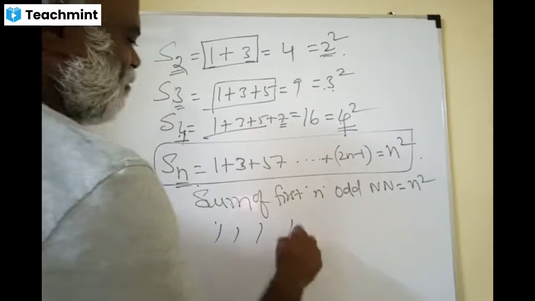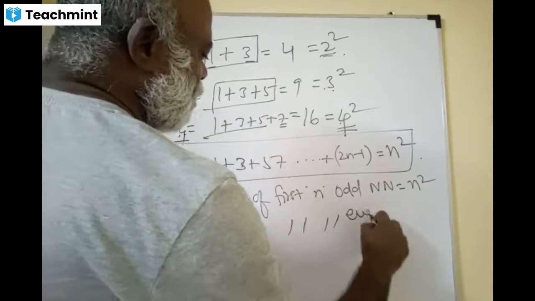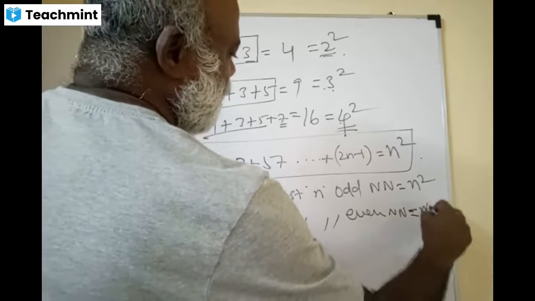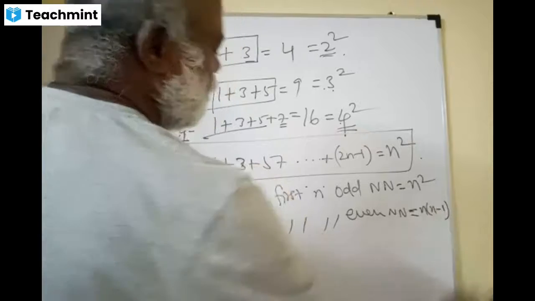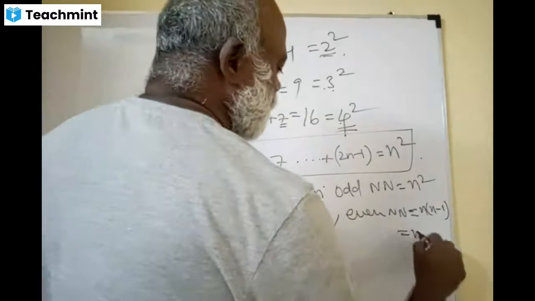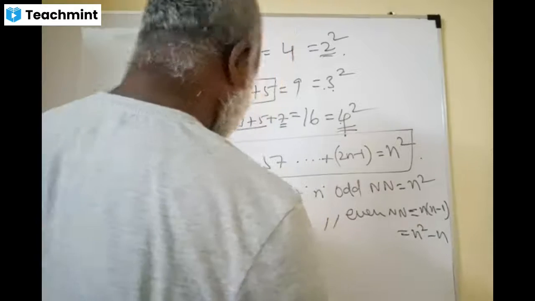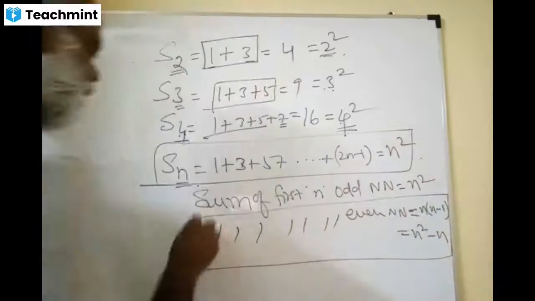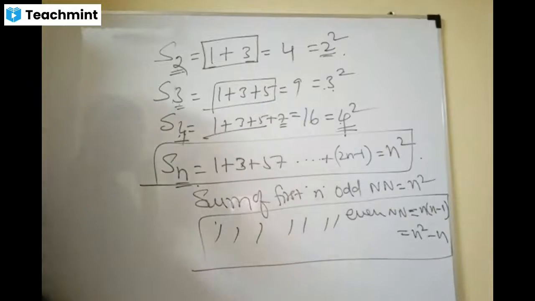In the same way, the sum of first n even natural numbers is n into n plus 1. If you expand it, you get n square plus n. These are the formulas for odd and even natural numbers, beautiful formulas.